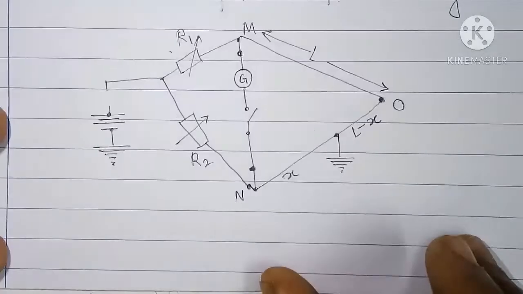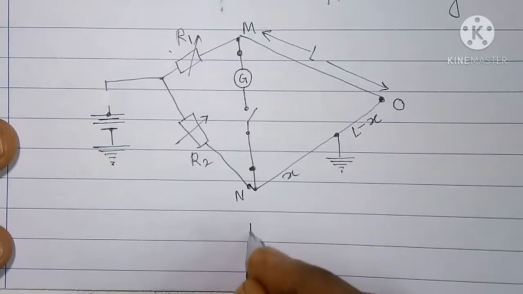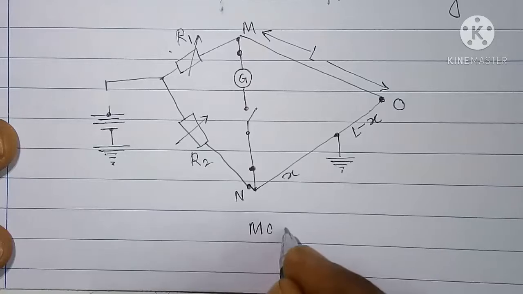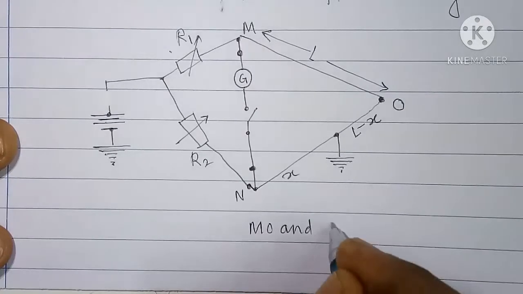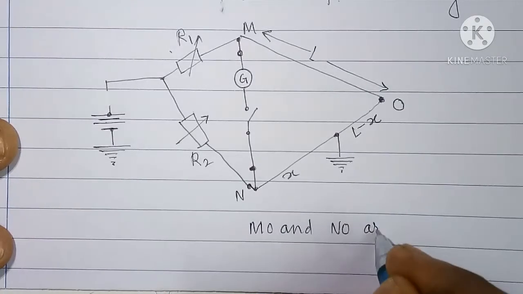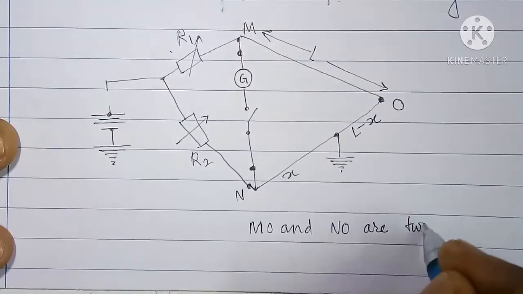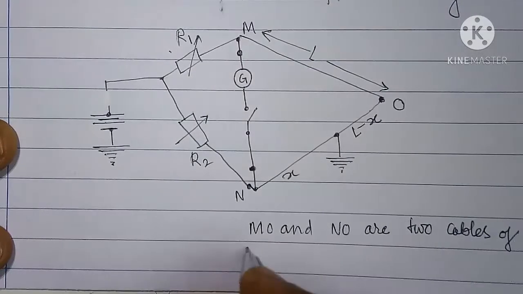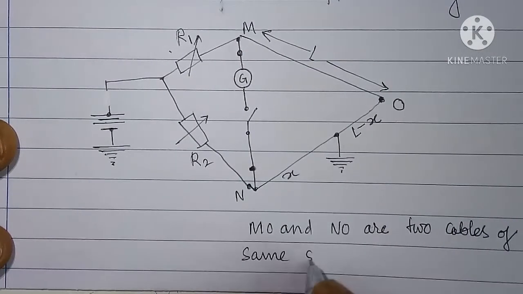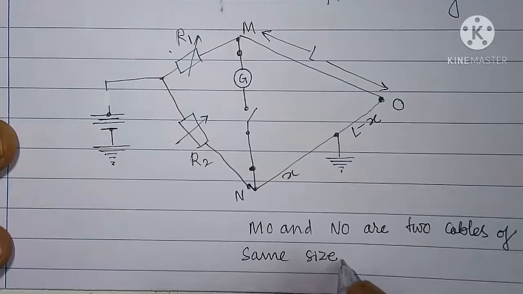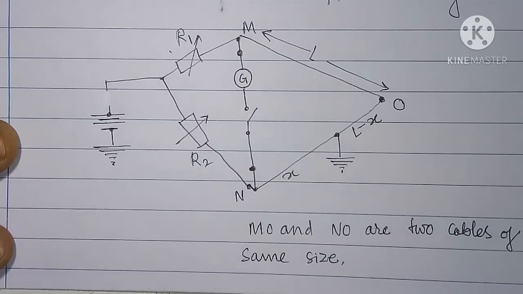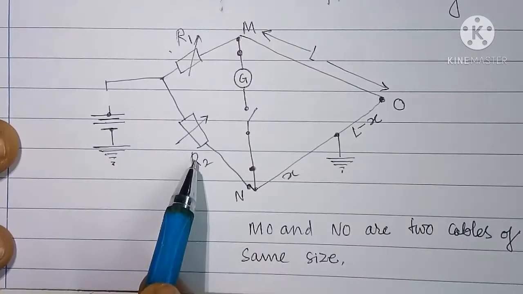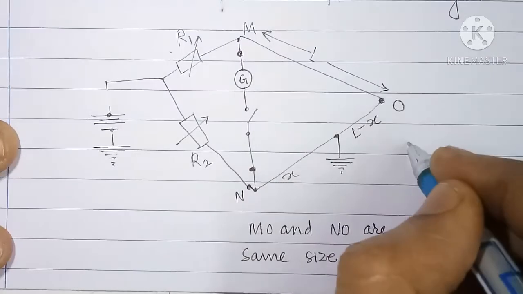Here MO and NO are two cables of same size. R1 and R2 are variable resistors.